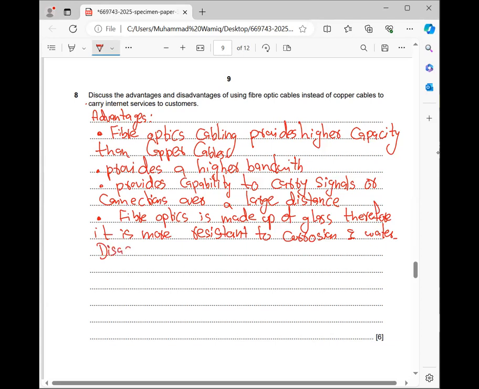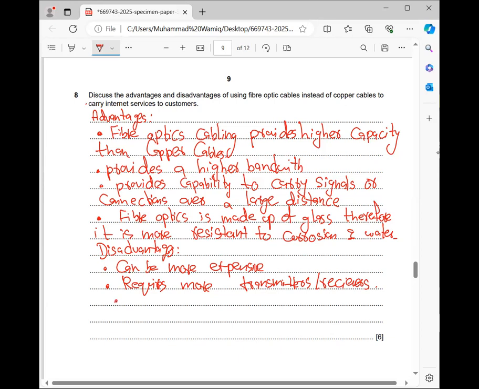Now let's work on the disadvantages. So the first example can certainly be that it can be more expensive, and it requires more transmitters and receivers.